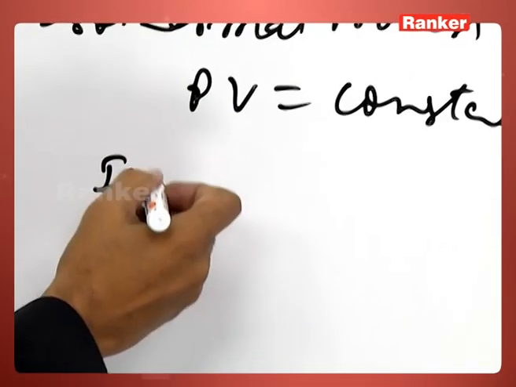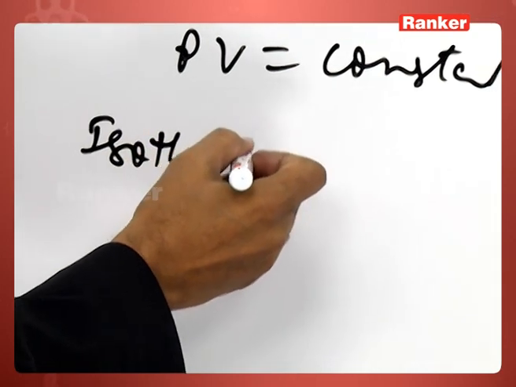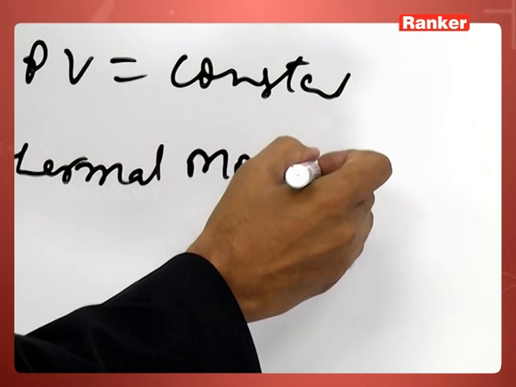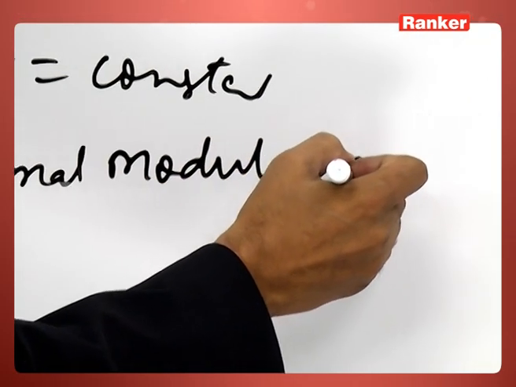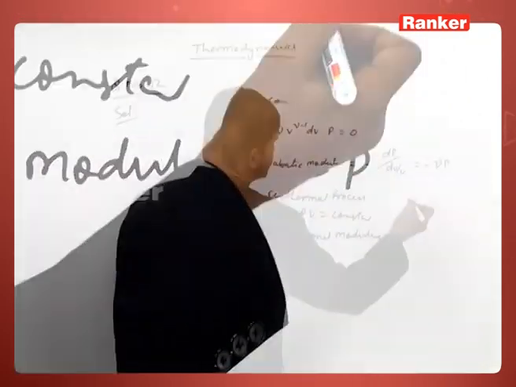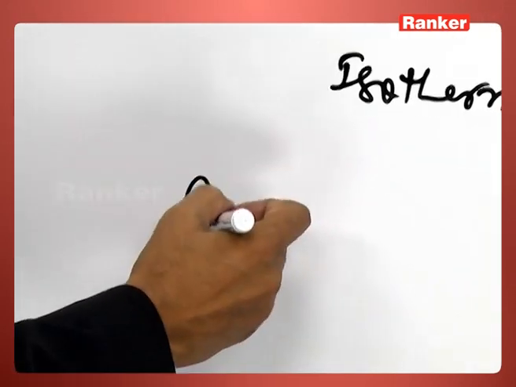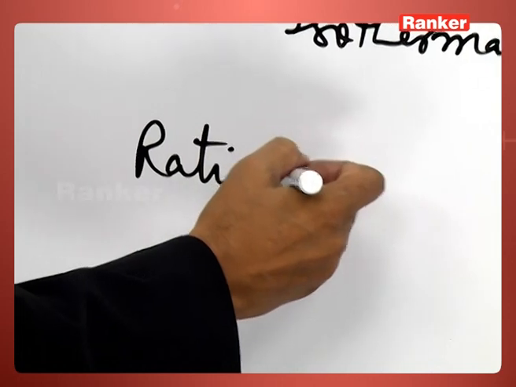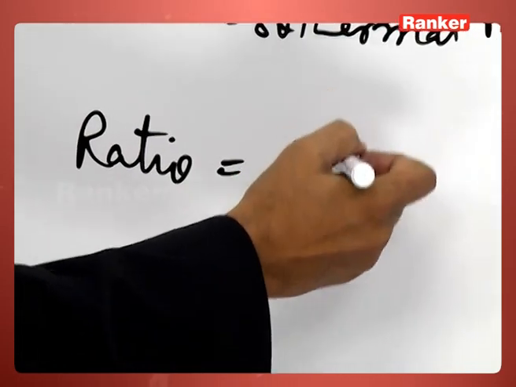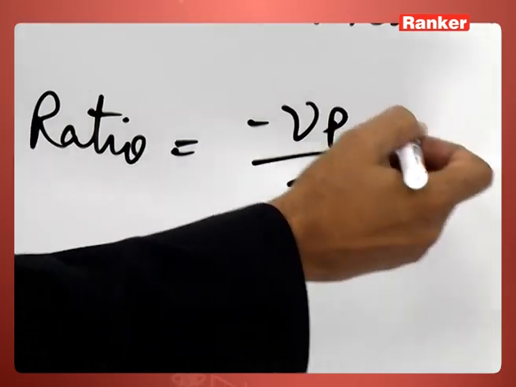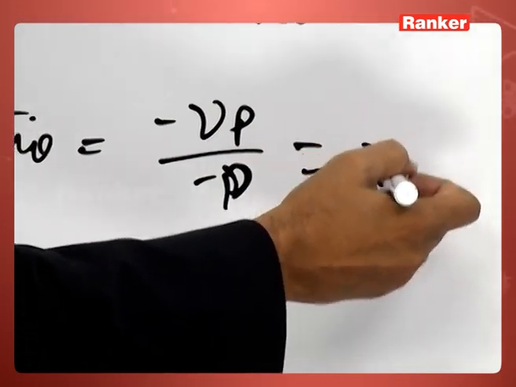So the isothermal modulus is equal to P. So the ratio is gamma P by P, which is equal to gamma.